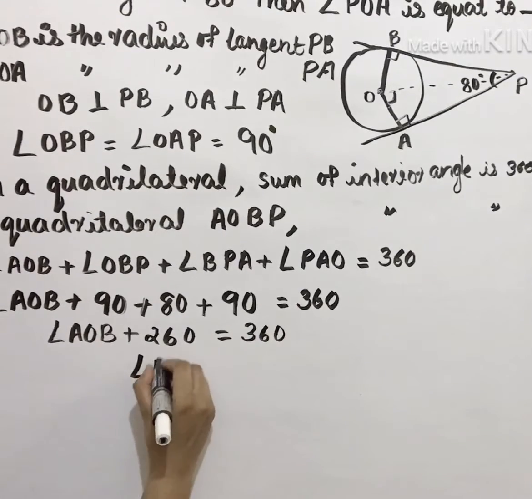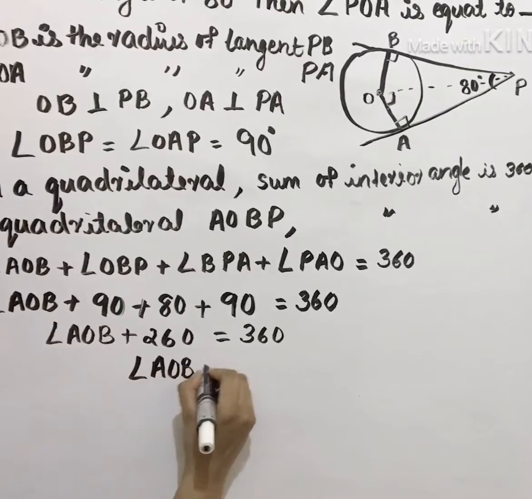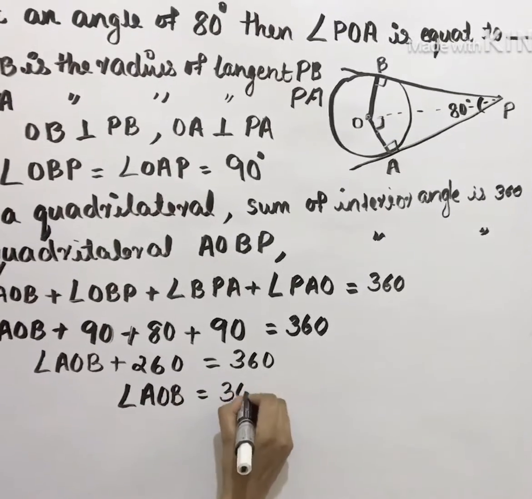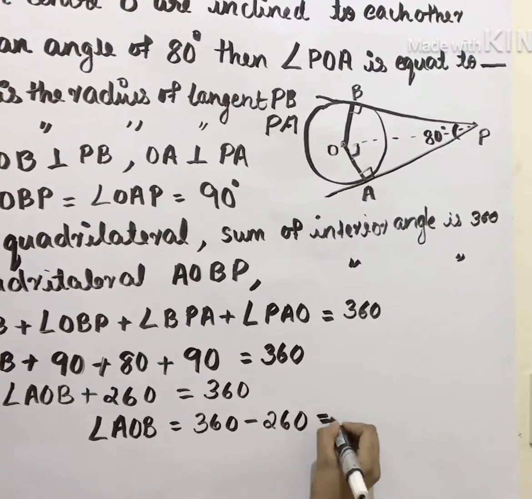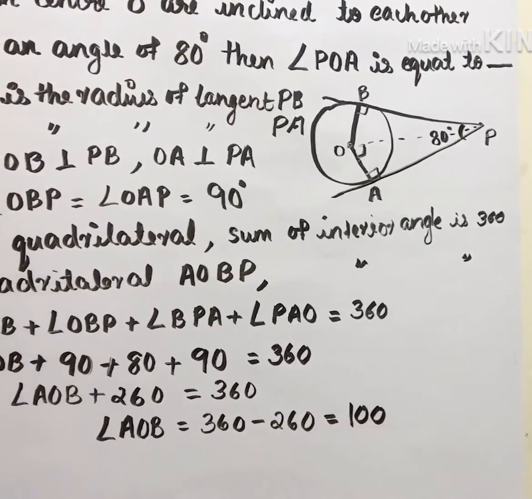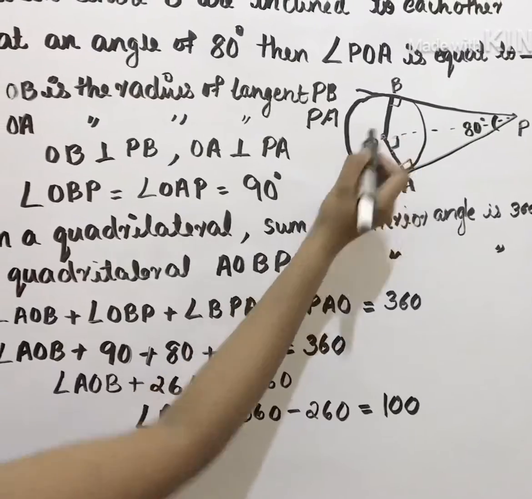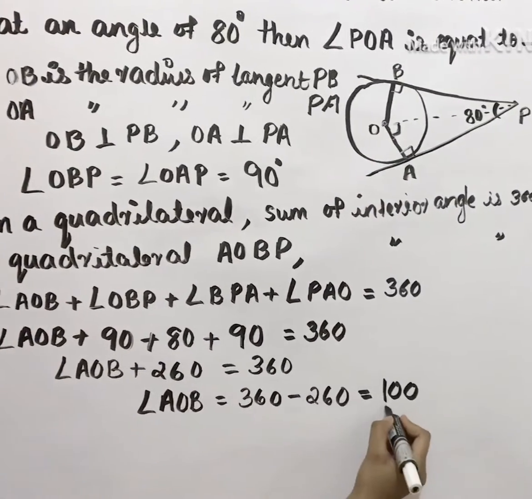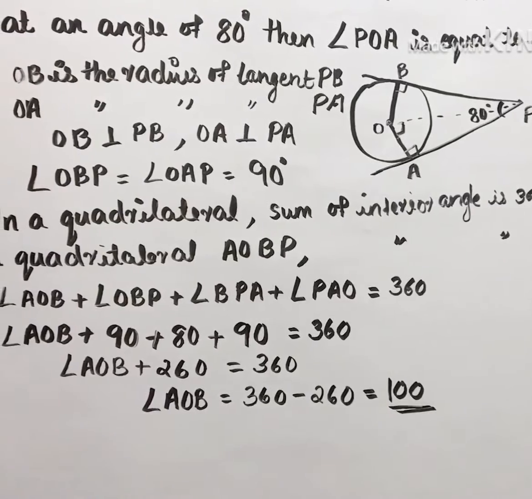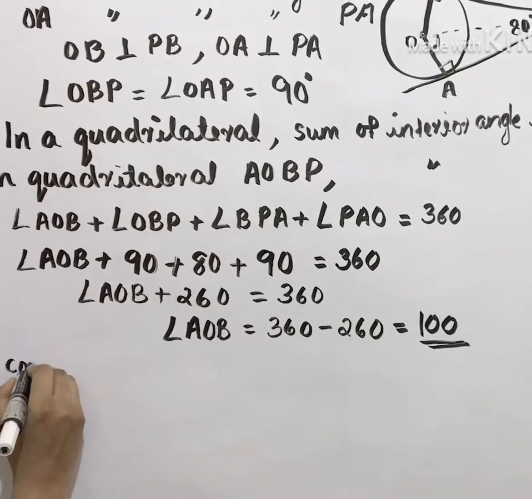Therefore, angle AOB is equal to 360 minus 260, which is 100. So this total angle AOB is equal to 100.